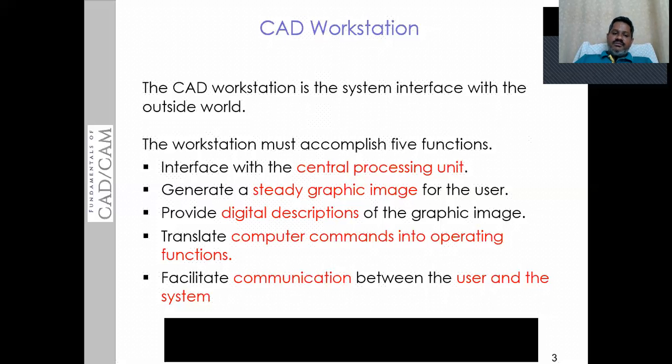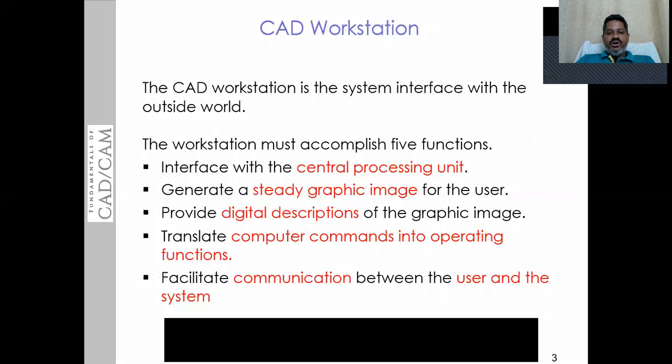Then the CAD workstation should also translate the computer commands into operating functions. So it must be able to transform the computer commands. We are executing some commands using some software. For example, take a CAD software. Whenever you want to draw a line, you must use a line command. When you type a line command in the CAD software, the system software will prompt us to select the start point, and the moment you select the start point, the system will ask for the next point or the end point.